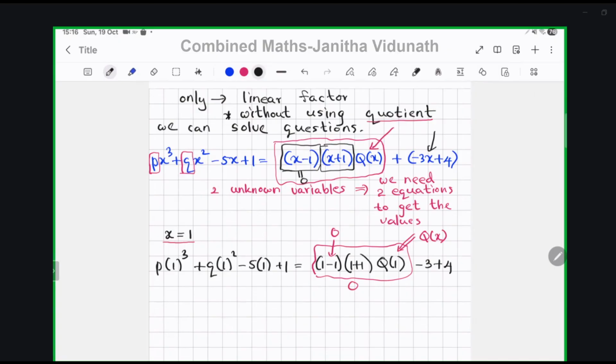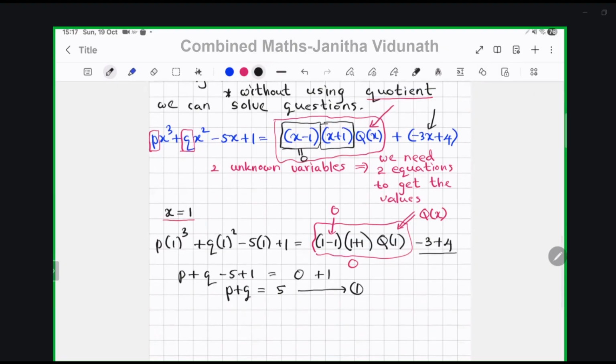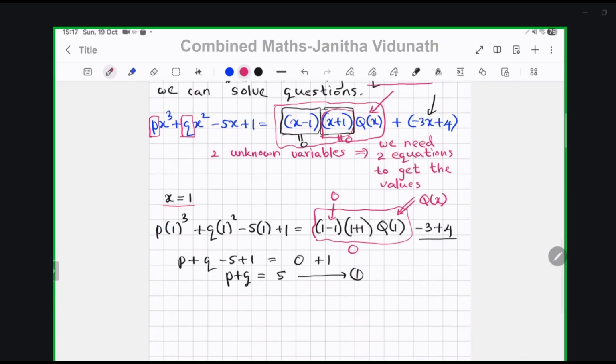That means on our left hand side we get p plus q minus 5 plus 1, and on the right hand side we get 0 plus minus 3 plus 4, which means plus 1. That means we get p plus q is equal to 5. This is our equation 1. Likewise, if we plug in x equal minus 1, the second factor also becomes 0, so the whole term cancels out.